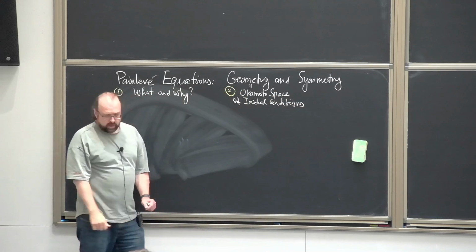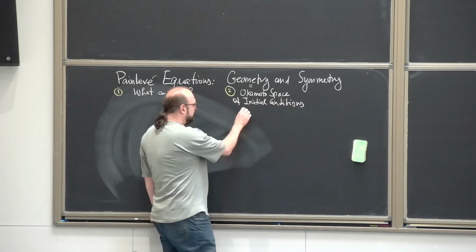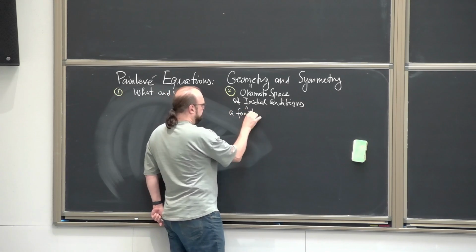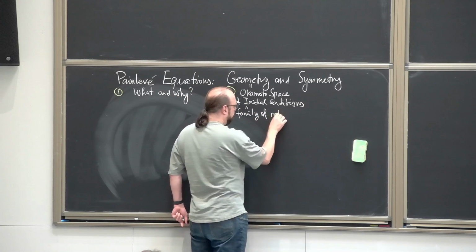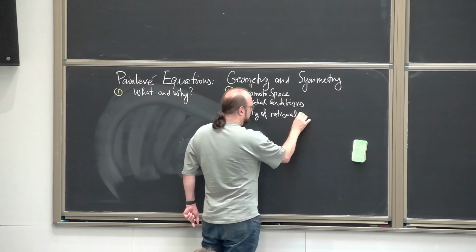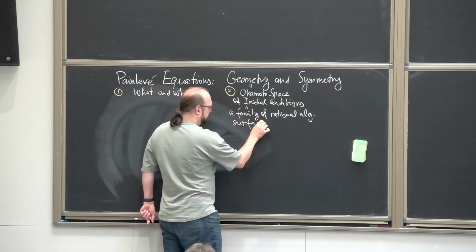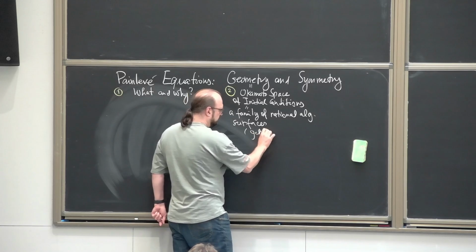Okay? Which, despite the way it sounds, is actually a family of certain rational surfaces, rational algebraic surfaces, so-called generalized affine surfaces.